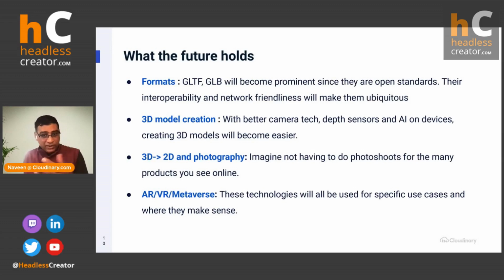So you have better cameras, you have depth sensors, and of course a bunch of AI on devices. So you do have examples out there where you could use your phone and take a bunch of pictures of an object, let's say 10, 20, 30 pictures from all different angles, and out comes a 3D model.